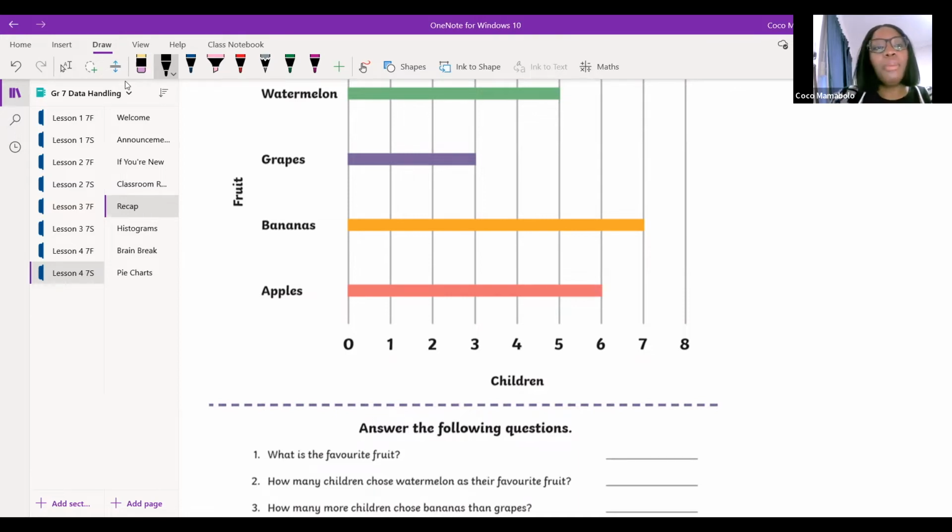Let's have a look. Bushle, tell us, what was the favorite fruit? What was the most favorite fruit? Ma'am, the most favorite fruit was banana. Excellent. It was banana. You can answer the next one as well. How many children chose watermelon as their favorite?